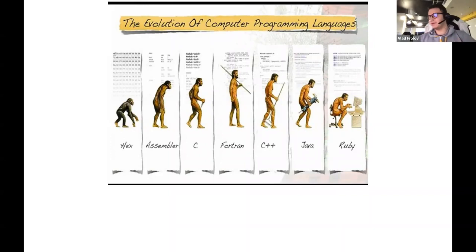Then it was assembler, which just operates some registers and moving commands. Then it was C, Fortran, C++, Java, and Ruby. You can see this scale of degradation. That's really funny, but it's kind of true, because Ruby is a really high-level language. You don't care about registers and other stuff.